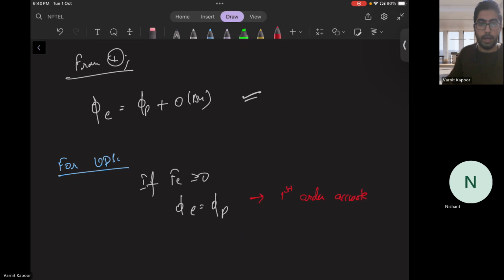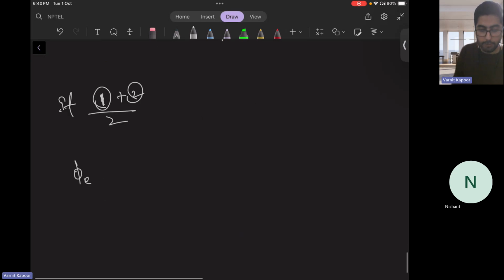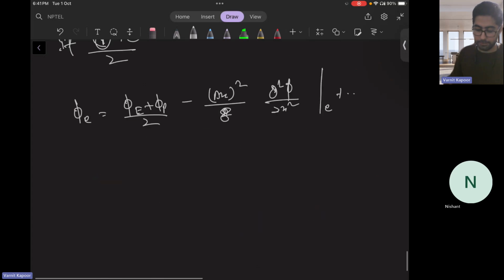All right. And now if you take the average of equation 1 plus 2 by 2, then you will get phi at east, which will be phi E plus phi P by 2 minus del x whole square by 8, d2 phi by dx square about east, and so on, right?